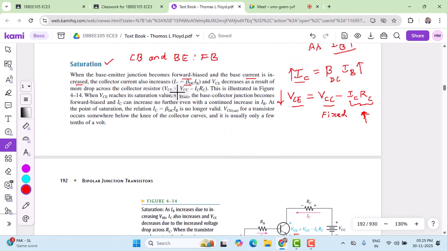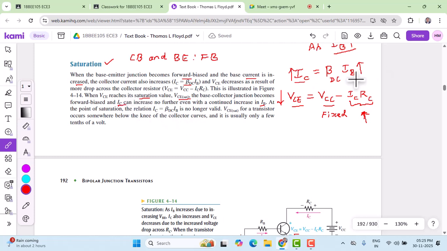This is shown in the figure. As VCE keeps decreasing, at some point it reaches its saturation value, and that is called VCE saturation. When the transistor reaches the saturation voltage, that's the point where an increase in base current will not cause an increase in the collector current.